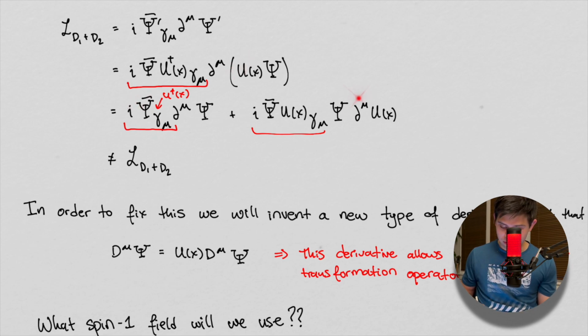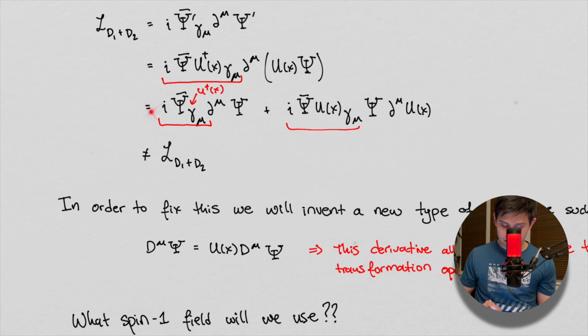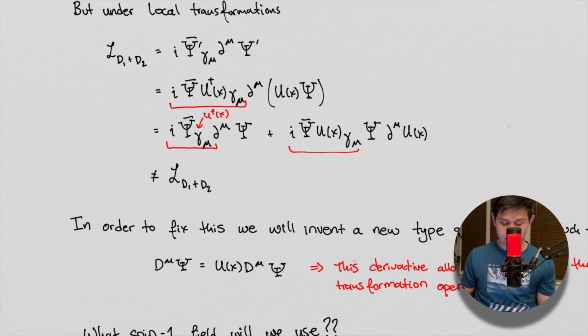But when it doesn't come out, it stays on the side of the derivative. So we get two terms in the product rule. One term is going to have the u cancel out with the u dagger. Okay. And so what we're left with does not take the same form as this right here. So this is a little bit interesting.